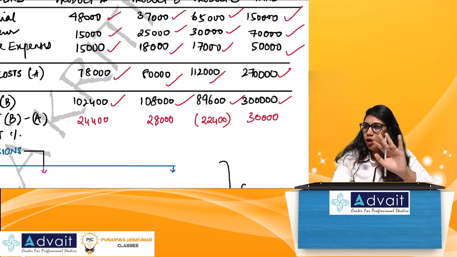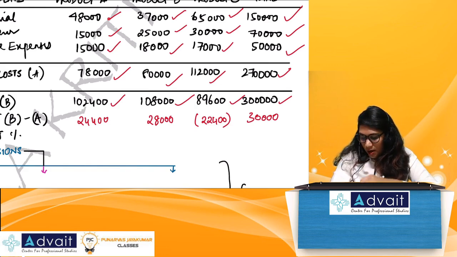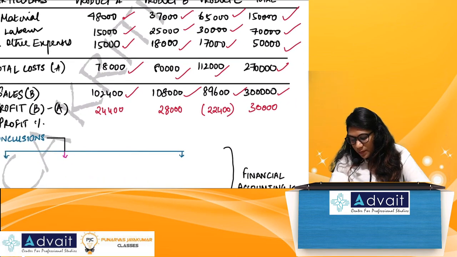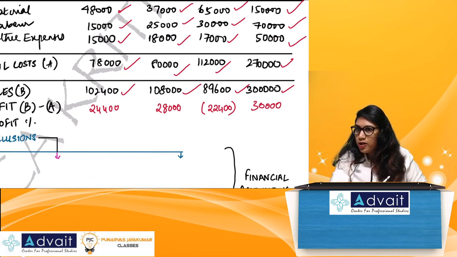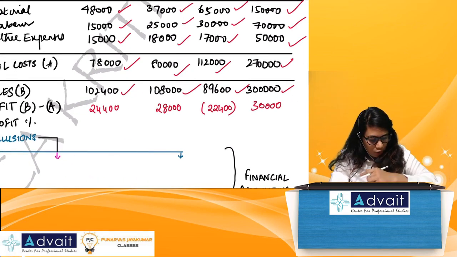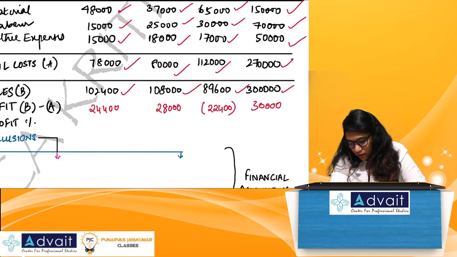I'm making a profit of 30,000, 10% margin, correct? But if you analyze it further, deeper, then this is what you see. So if I calculate the profit percentage here, how will you calculate the profit percentage here? Can you please tell me? 24,400 divided by 1,02,400 into 100. How much?